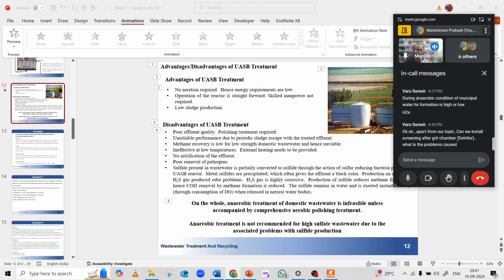This will be considered as grit. And the screen is to remove larger particles, maybe boulders, maybe some rocks, some very heavy particles.